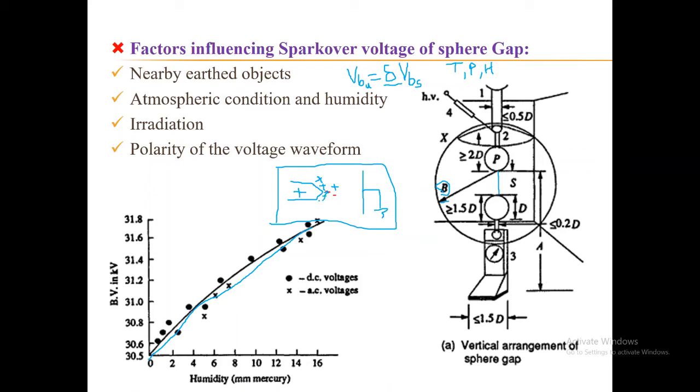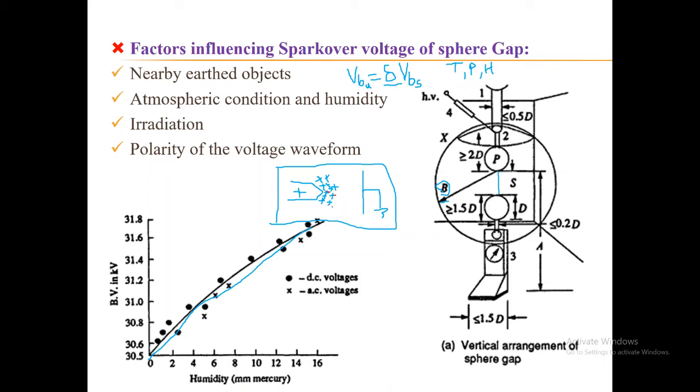These positive ions are heavier as compared to the free electrons, so the electrons move faster than the positive ions. Ideally you can observe that the positive charges lie very close to the positively stressed electrode.